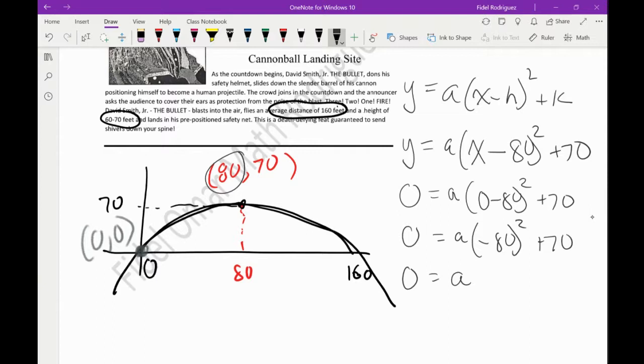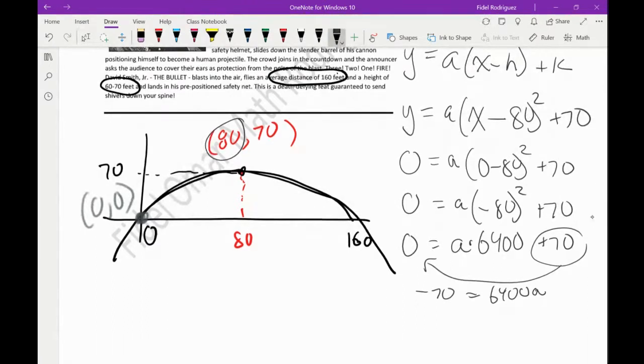Negative 80, if I square that, if I take my calculator, y'all, and I say, what's 80 times 80? It's going to be 6,400 plus 70. And then I'm going to take this 70 and move it to the other side. It's going to become a negative 70 equals 6,400 with an A. And then when I divide both sides by 6,400, the only thing I'm going to do here, y'all, is say, look, I can cancel this 0 with that 0.